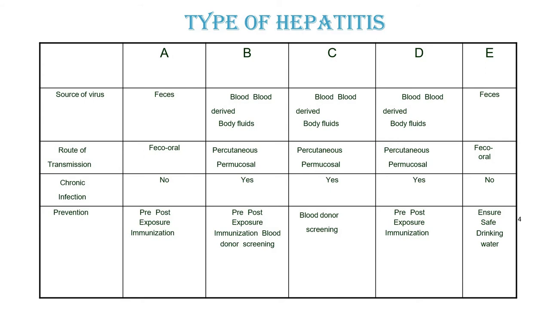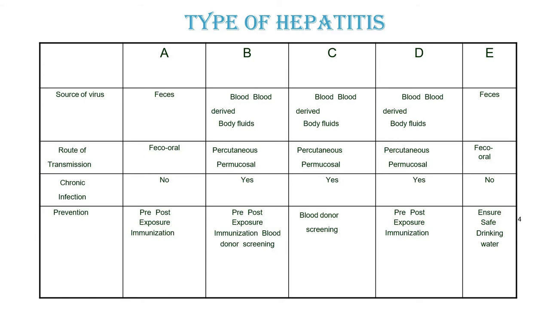Then the route of transmission, that is feco-oral, through the fecal matter, and it contaminates the food or water. And hepatitis B virus's route of transmission is percutaneous, permucosal.